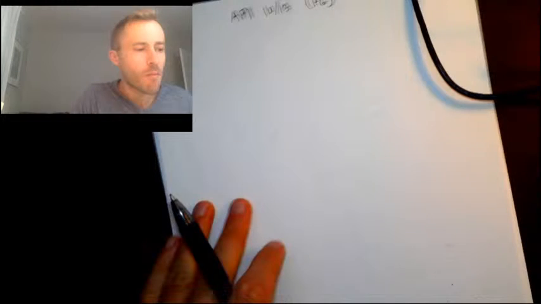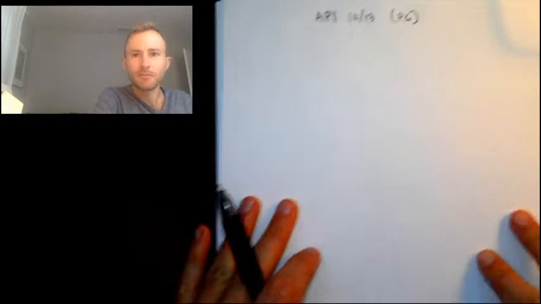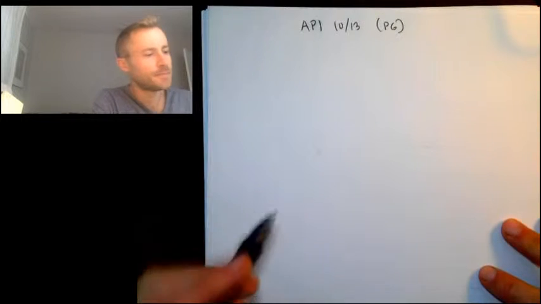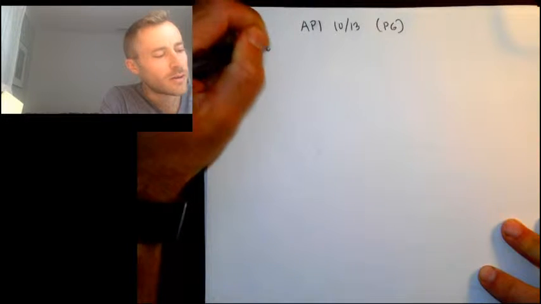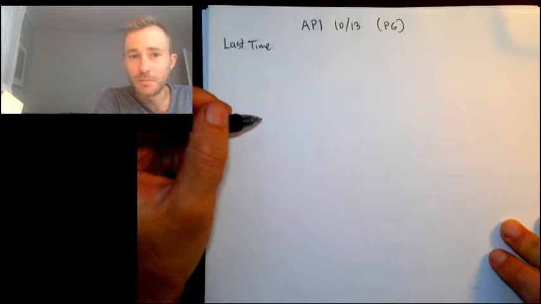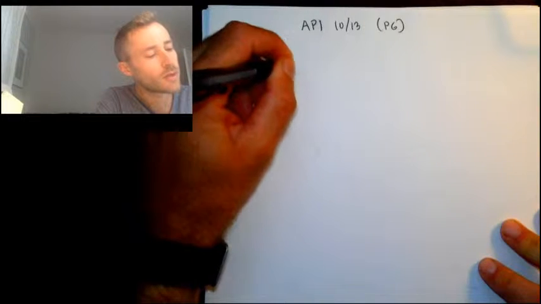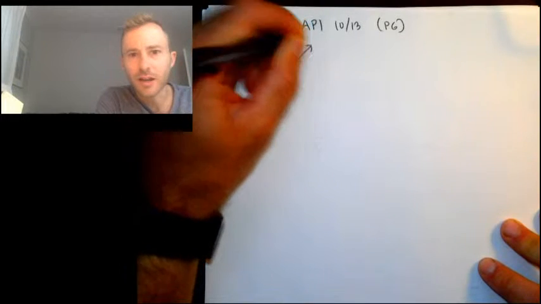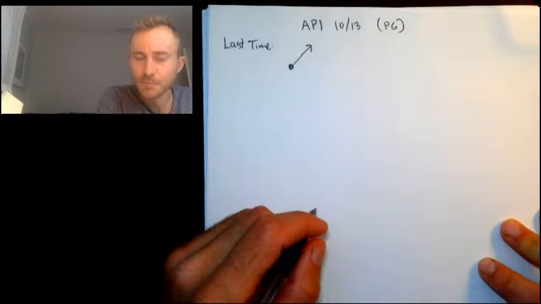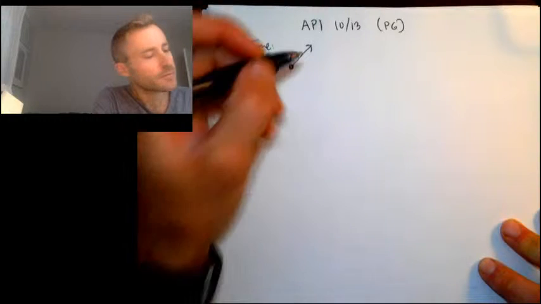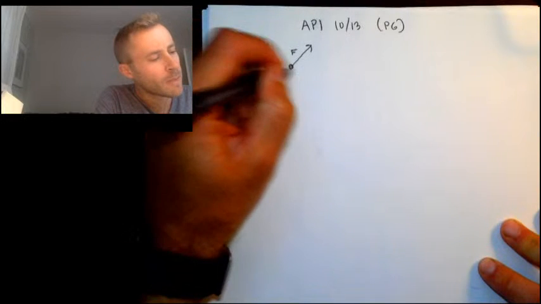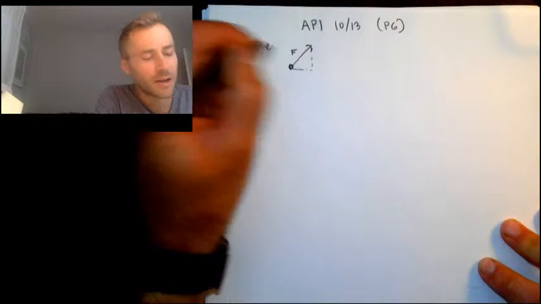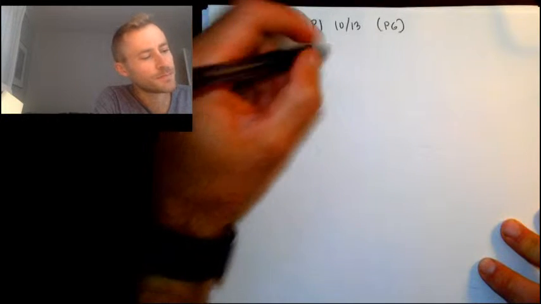Let's go ahead and get started. Last time we learned about how to deal with diagonal forces. So if you have a force that is diagonal, like that, let's say it has a size F, and let's say it makes some angle with the horizontal, say theta.